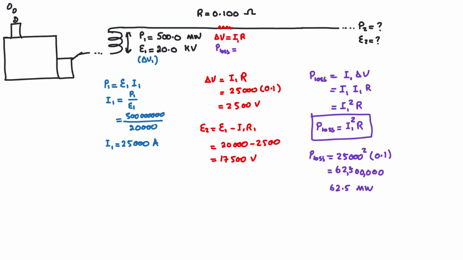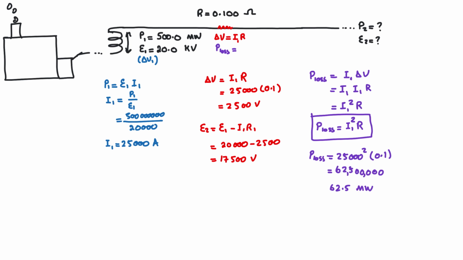But the final question is actually asking me to find power at this stage. So we had a total of 500 megawatts of power here. We are going to lose 62.5 of it here.